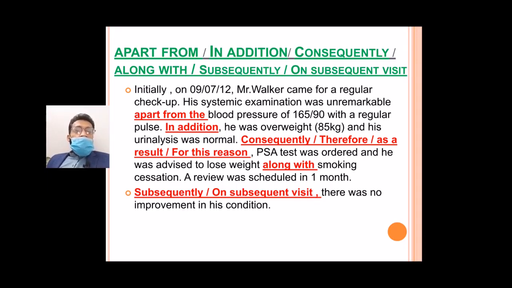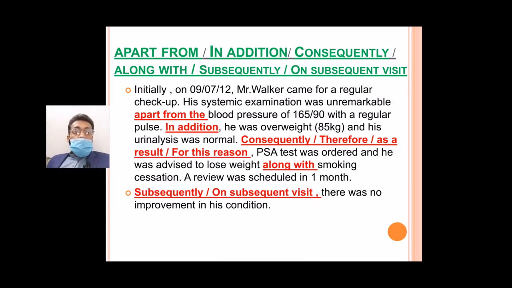So you have written the presenting complaint and examination findings. Now for what you have done, we will use consequently, therefore, as a result, or for this reason. You can use any one of them. Consequently, a PSA test was ordered and he was advised to lose weight along with smoking cessation.